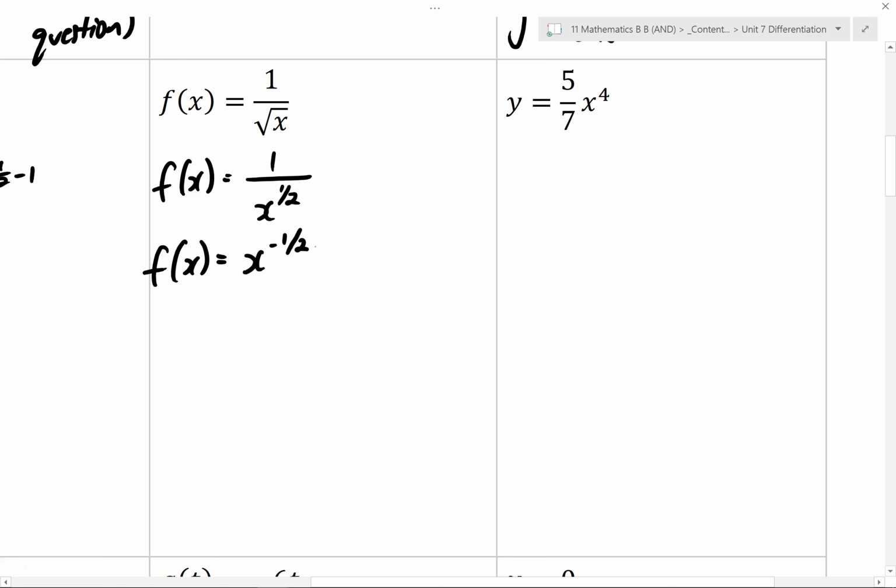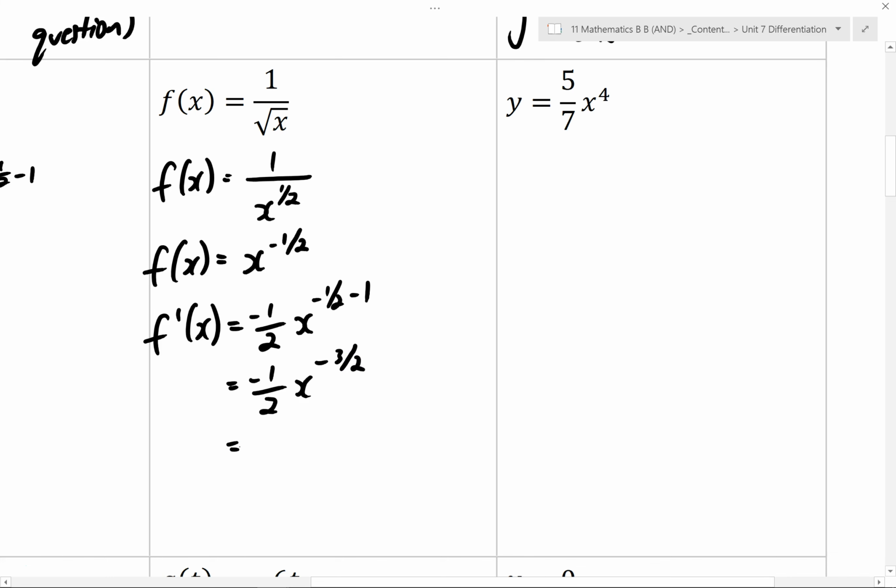Now that I've got it in that form, kx to the power n, I can go ahead and differentiate. So there's a 1 out the front, 1 times minus a half, and x to the power minus a half minus 1. So what this will end up being will be minus a half x to the power minus 3 on 2.